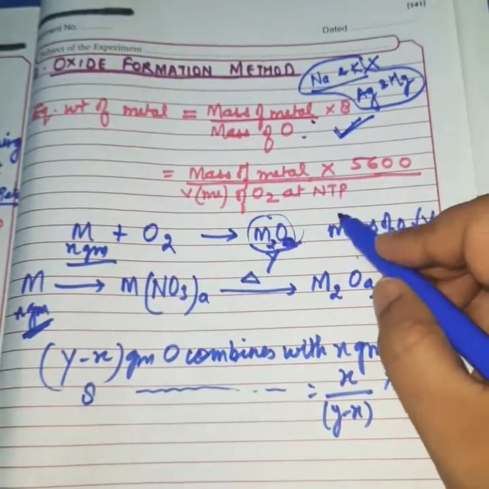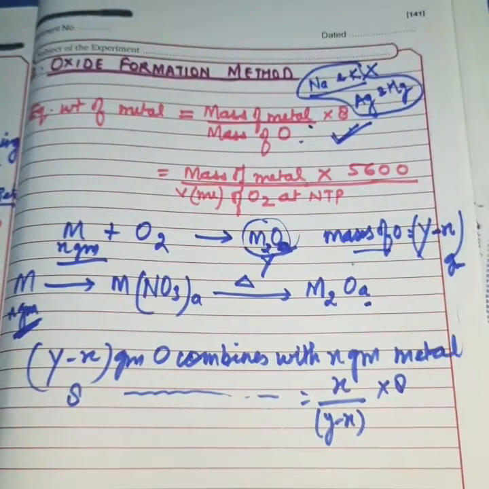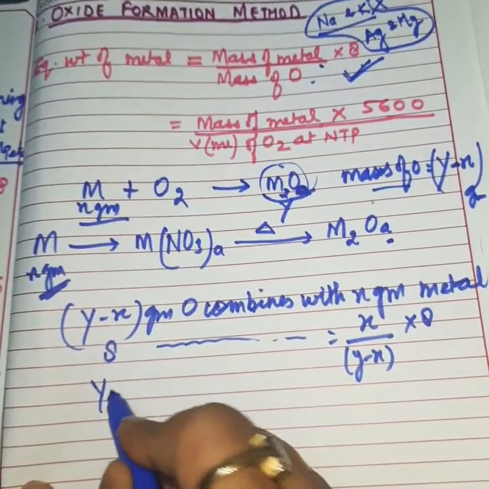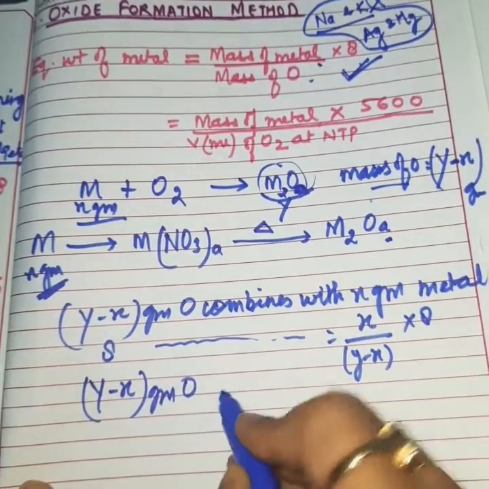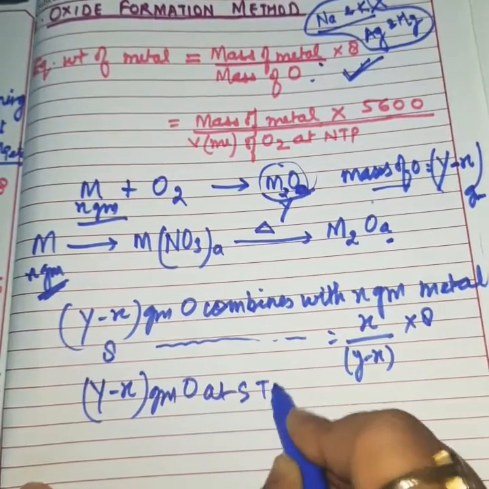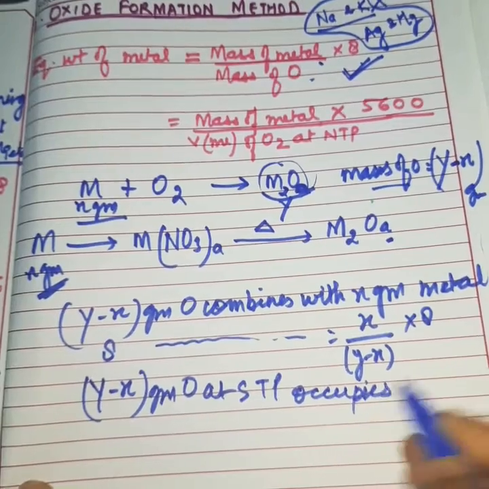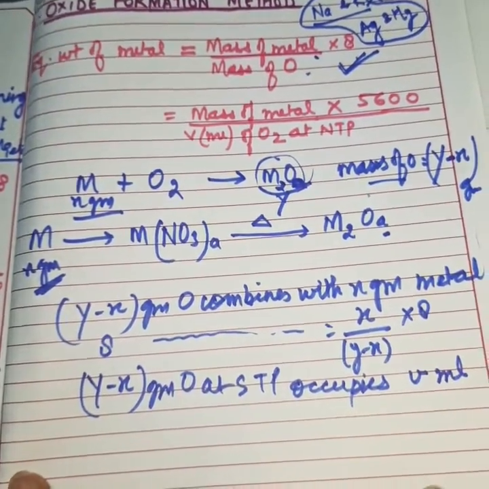Now let us see how we can correlate it with the volume. Alright, see here. Now let us assume that Y minus X gram oxygen at STP occupies small v ml volume. Alright, clear?